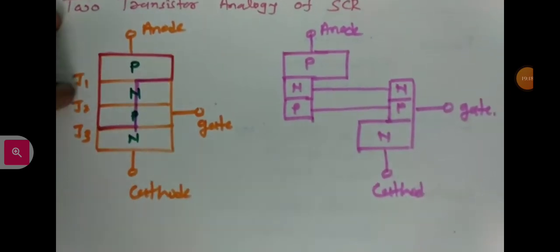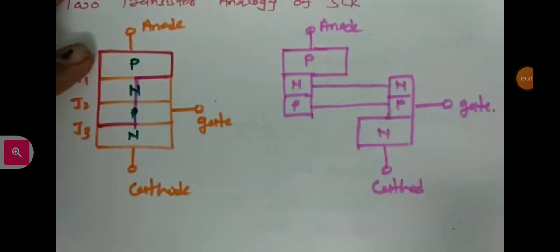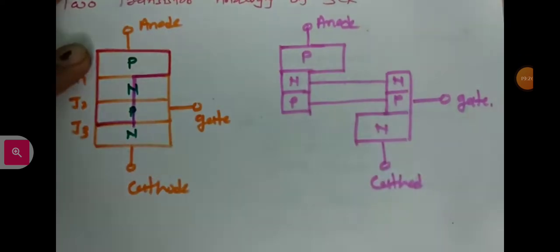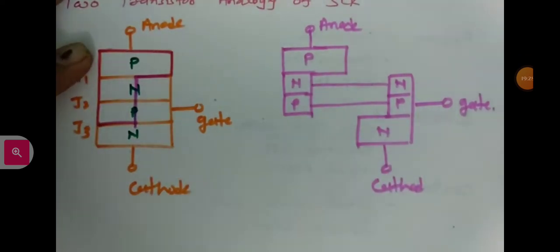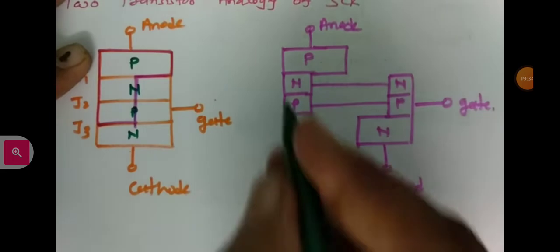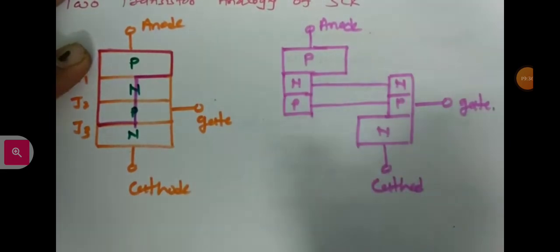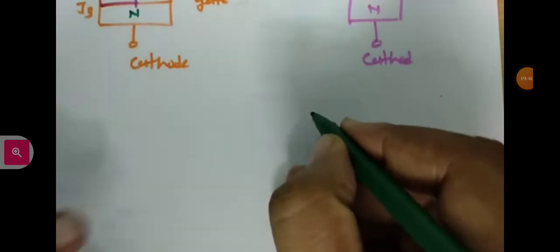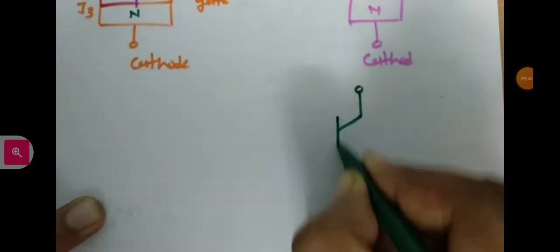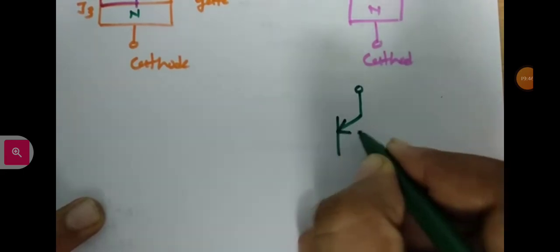So let us make a circuit based on the same, so that one can understand how we can utilize this two transistor analogy. First let us draw a circuit and then we'll discuss how things are happening. First I need to draw the PNP transistor.